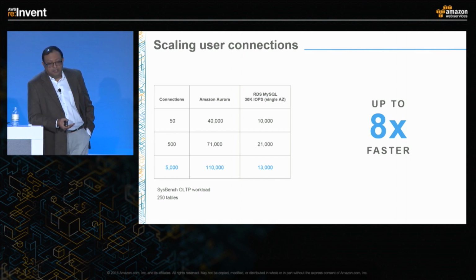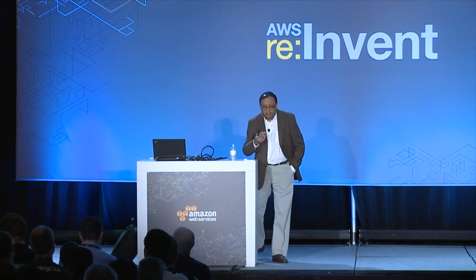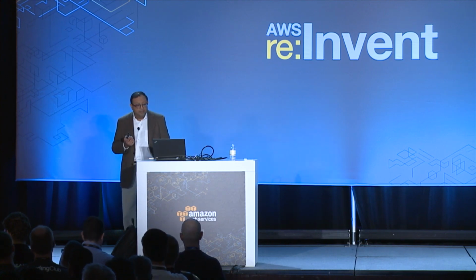If you look at RDS MySQL with 30,000 PIOPS, which is about as big a box as I can put together, it costs some money to get 30K PIOPS. Even despite all of that available capacity, you start to decline. That really has to do with the issues within lock sharding and how the threading model works inside MySQL. In this case, our best number is about 8 times faster as the numbers go up.